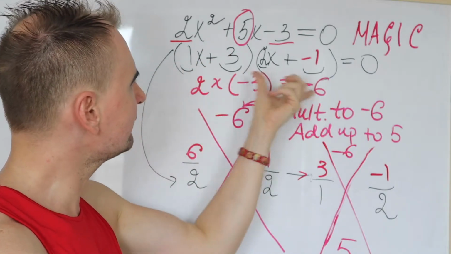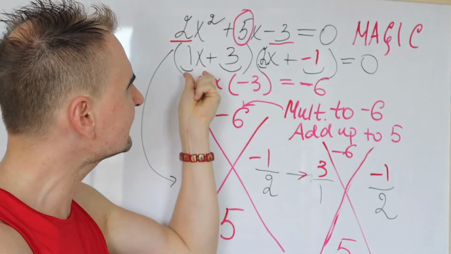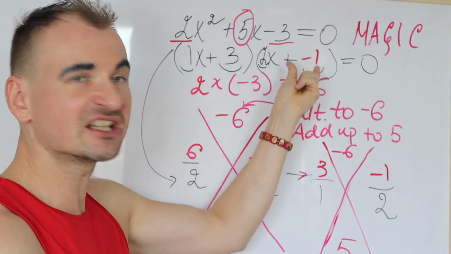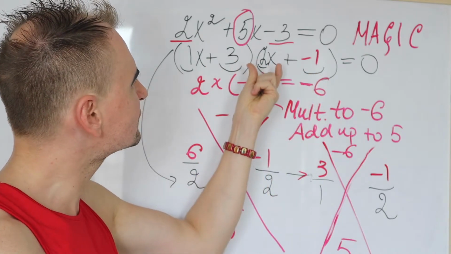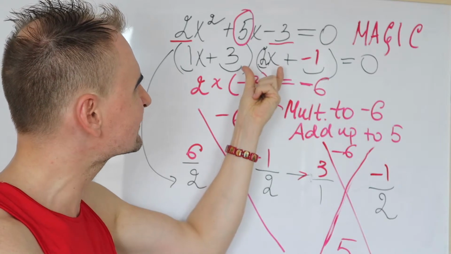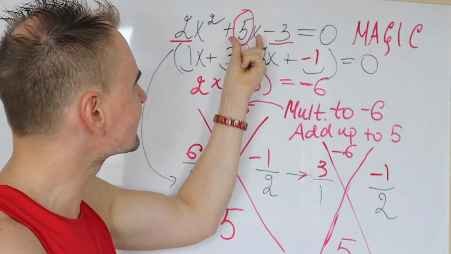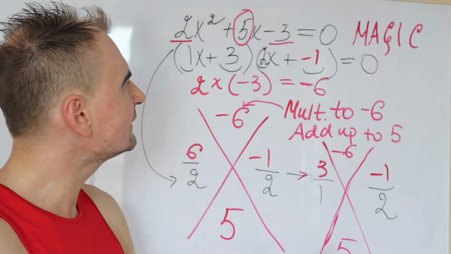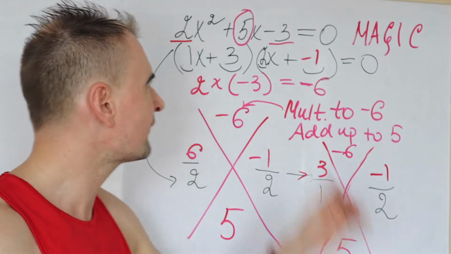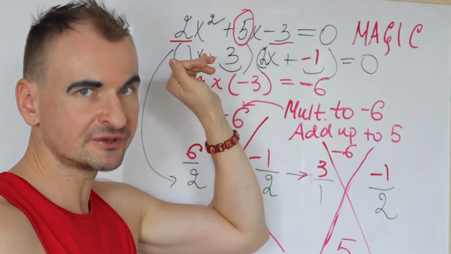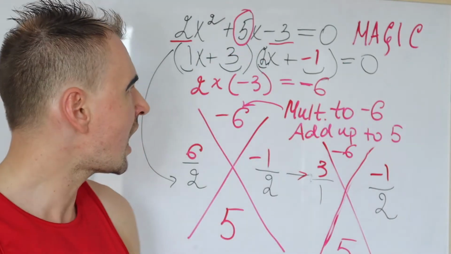You can even do it mentally. So x times 2x gives you 2x squared, x times negative 1 becomes negative x, 3 times 2x gives you 6x, and you subtract x, it becomes 5x, and finally 3 times negative 1 gives you negative 3. So it does check out.